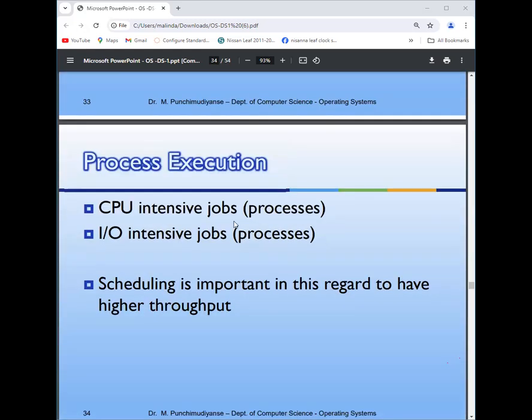There are two types of processes actually. One is called CPU intensive jobs, which means the processes always need CPU time. The other type is IO intensive jobs.